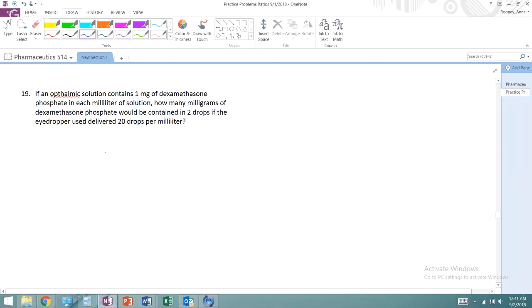Ophthalmic solution. Ophthal is your eye, if I remember correctly. So an eye solution contains 1 milligram of dexamethasone phosphate in each milliliter of the solution. First off, anything that ends with "one" is a steroid.